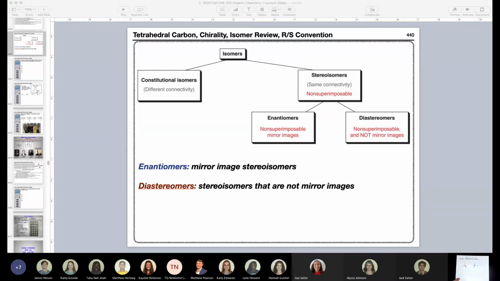So both of these molecules are bromochlorofluoromethane. What is the relationship between these two molecules, though? They're both this name.